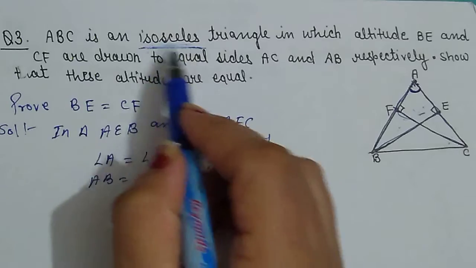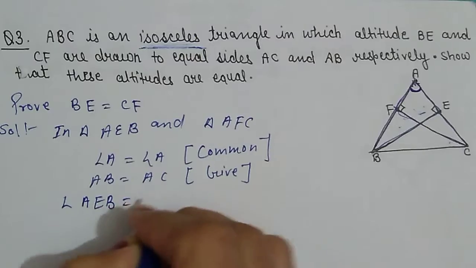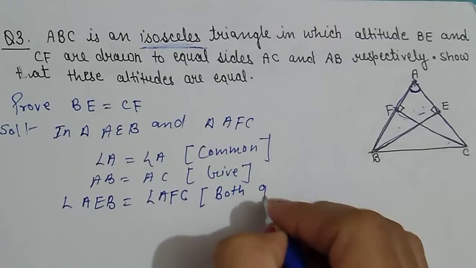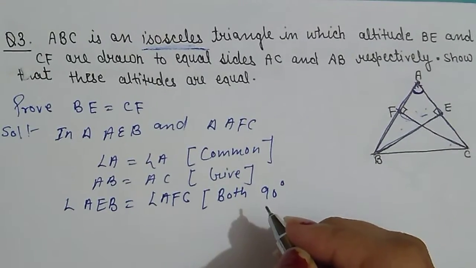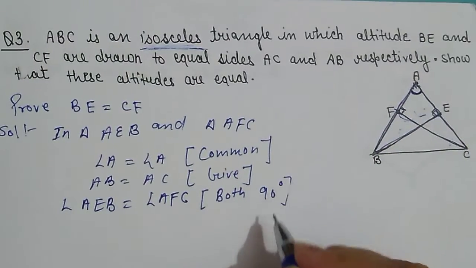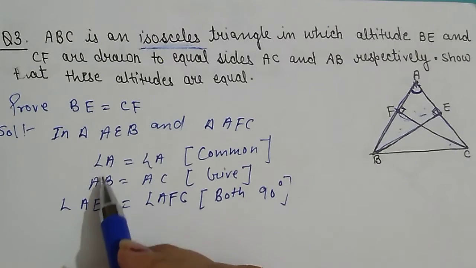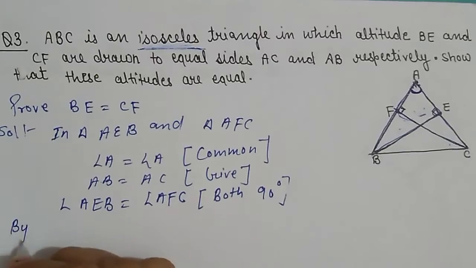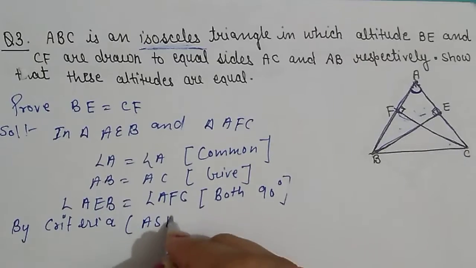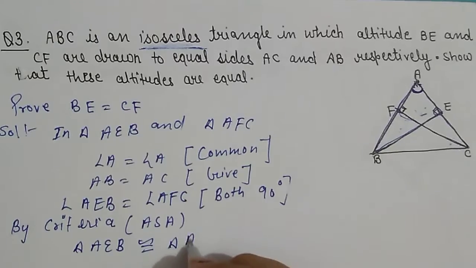Now angle AEB is equal to angle AFC, both are 90 degrees. By the angle side angle criterion, triangle AEB is congruent to triangle AFC.